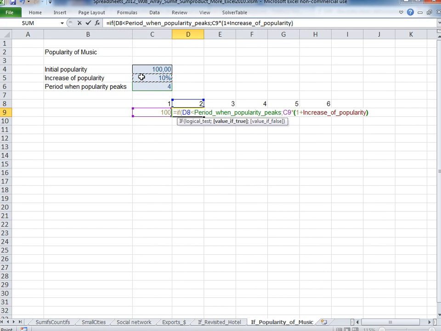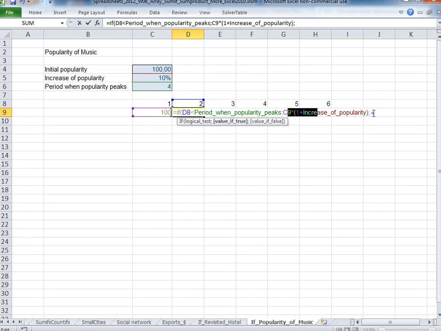We still have this constant and declining popularity to distinguish between, which means that here is the third part of this IF. The first part of the IF is the comparison, the second part is what to do.